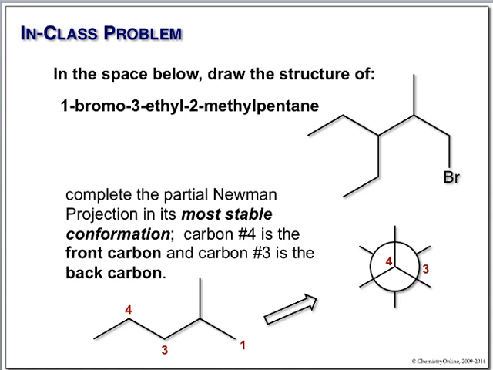Well, it's a CH2, so it has 2 hydrogens, and it has a methyl group, doesn't it? We want this in its most stable conformation. So we're going to want to arrange our substituents anti to each other, aren't we? So let's go ahead and put our methyl and our hydrogens on carbon 4.